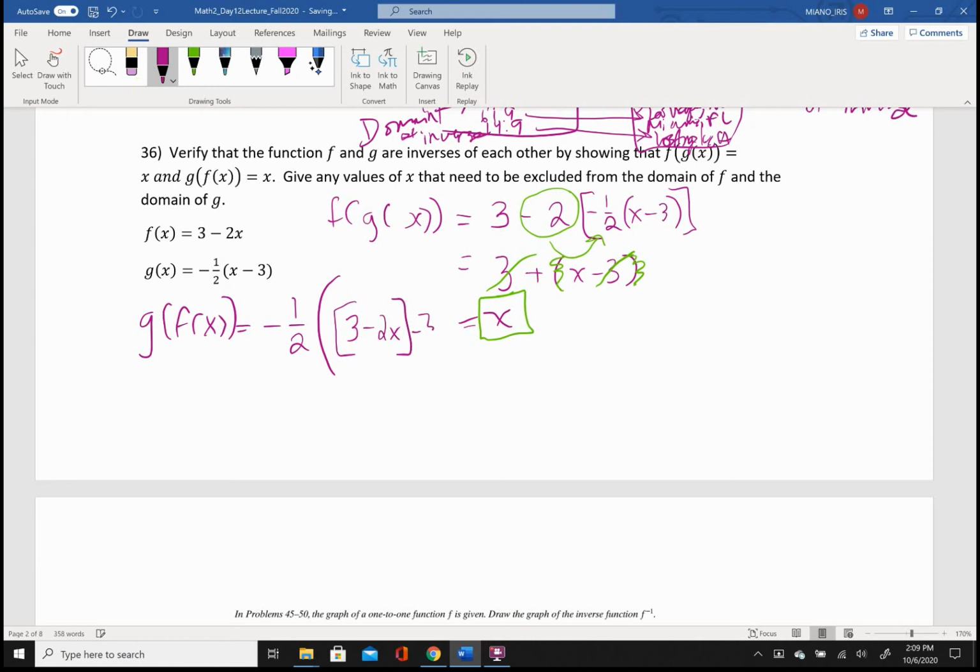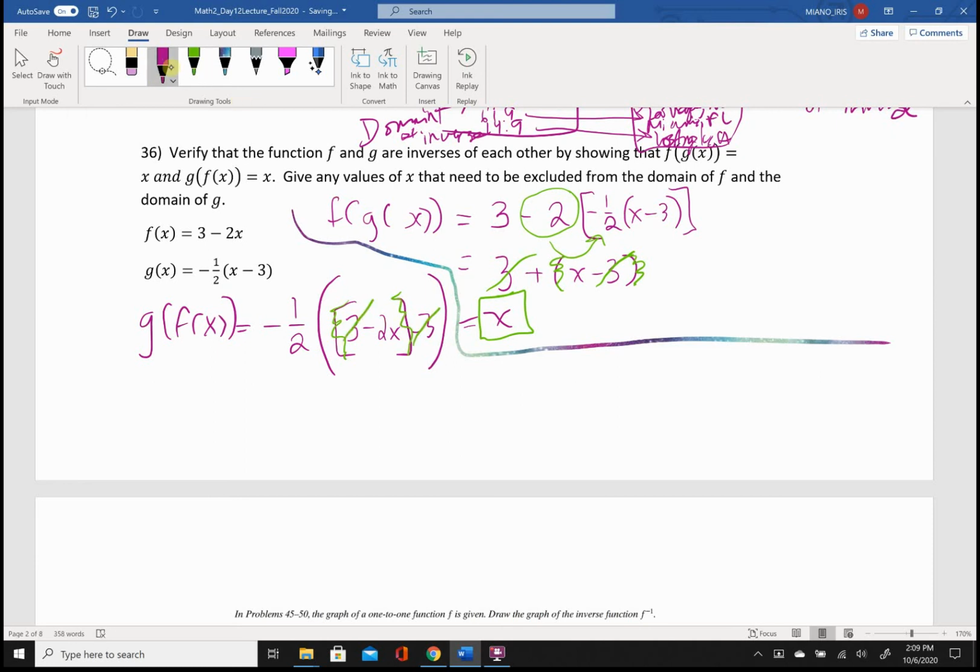And then minus 3. Notice that I really don't need to have these brackets here after the fact, and this 3 and this negative 3 are going to cancel out.